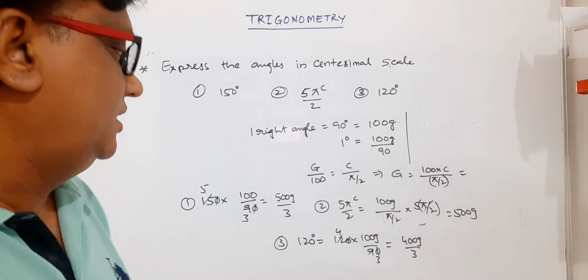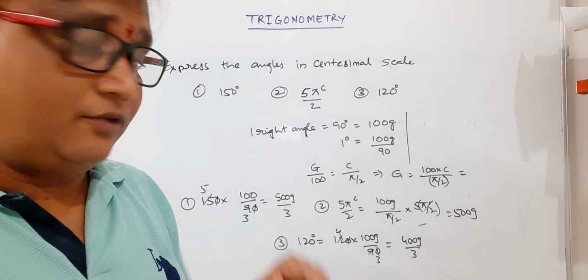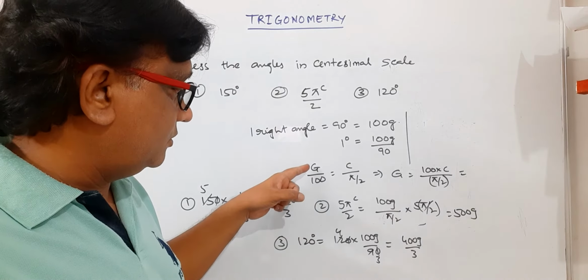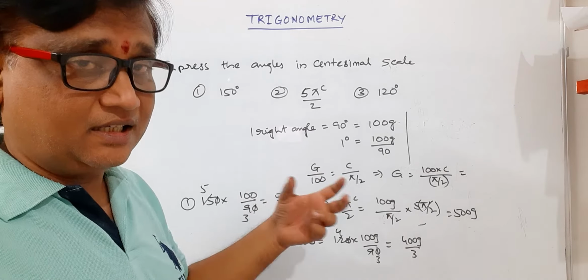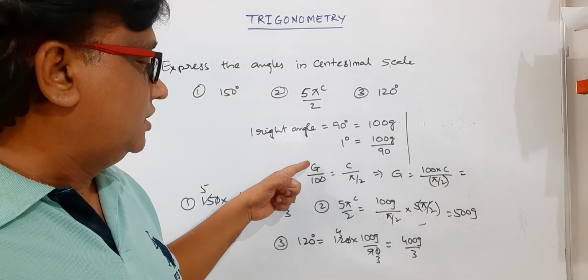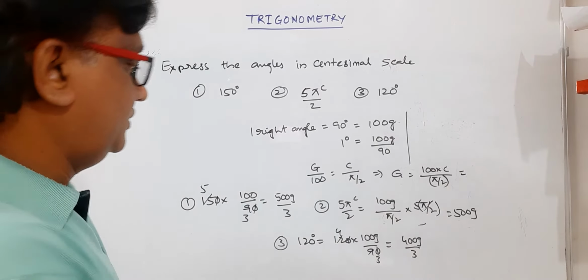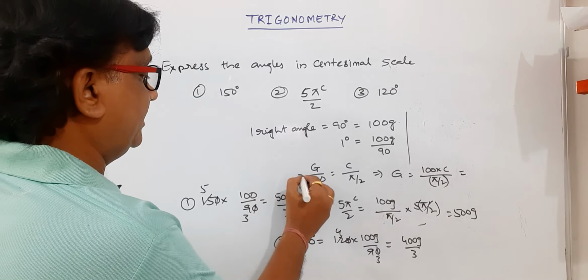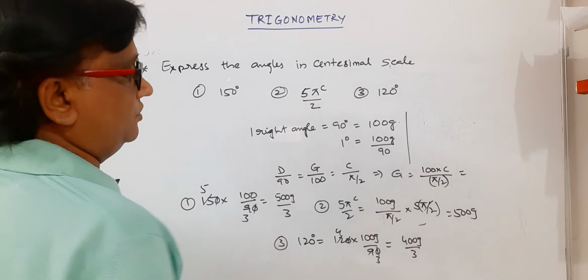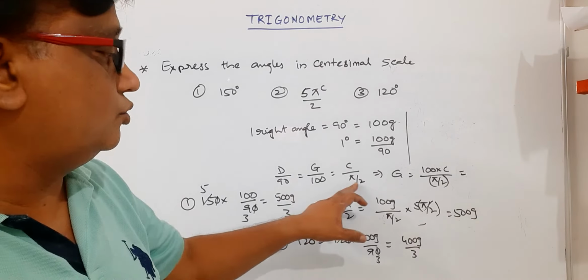You already learned the connection between the 3 measurements: G by 100 equals C by pi by 2, which is also D by 90. So we take these two first.